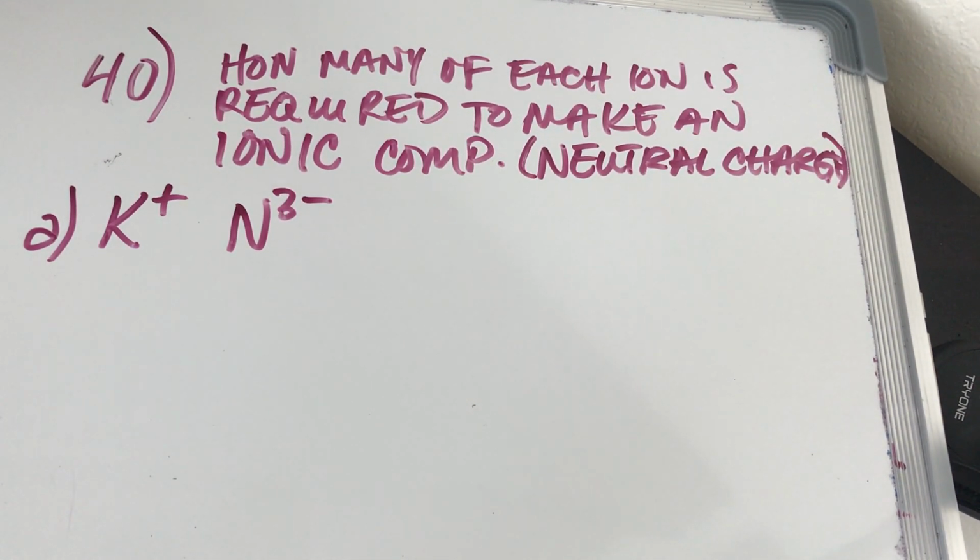So how many of each of these ions am I going to need to make a neutral ionic compound?